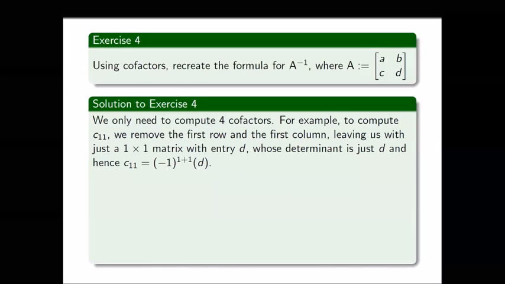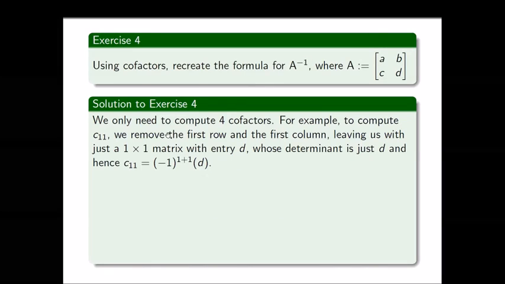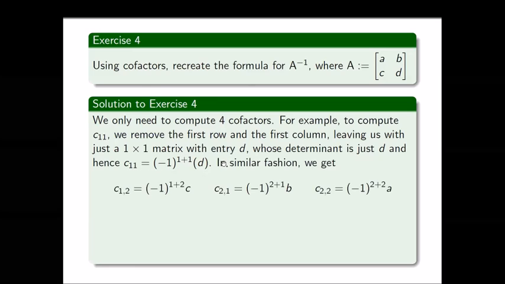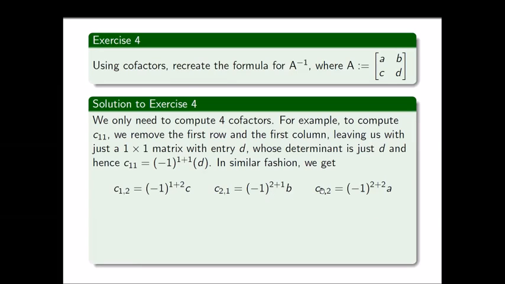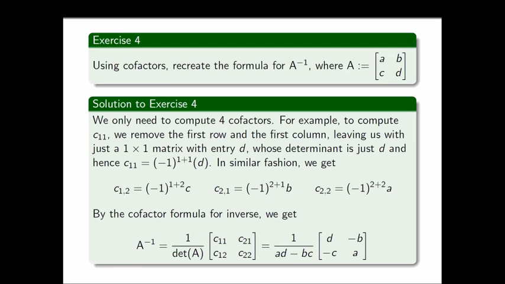For example, if we want to compute C11, we remove the first row and the first column, and that just leaves us with a 1 by 1 matrix with entry D, whose determinant is just D, and therefore C11 is just -1 to the 1 plus 1 times D. Similarly, we get the other 3 cofactors: -C, -B, and A. Then we just use the inverse formula.